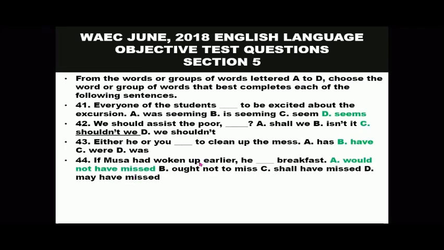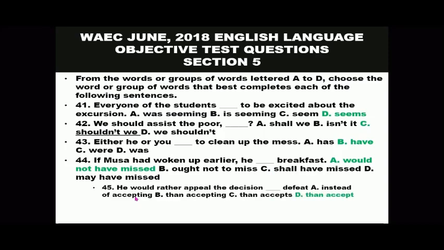44, if Musa had woken up earlier, he dashed breakfast. He would not have missed breakfast. This is the rule that has to do with conditional sentences. If Musa had woken up earlier, he would not have missed breakfast.